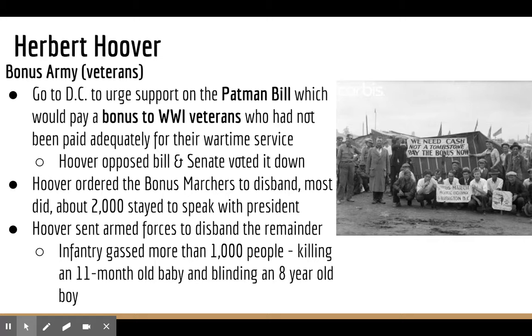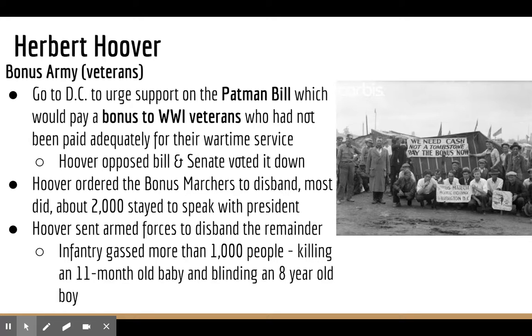The armed forces doesn't look good. Hoover doesn't look good. You just gassed a bunch of veterans that just fought in World War I, and you're injuring people. You killed a baby. It's just not looking great. So people already have criticism for how he dealt with the Great Depression, but now, even with this, it just leaves a bad taste in people's mouths.